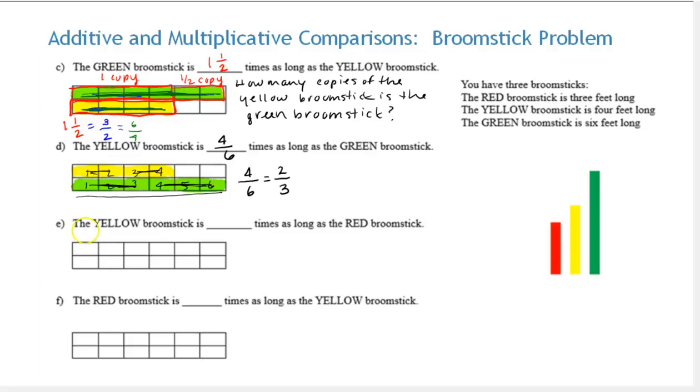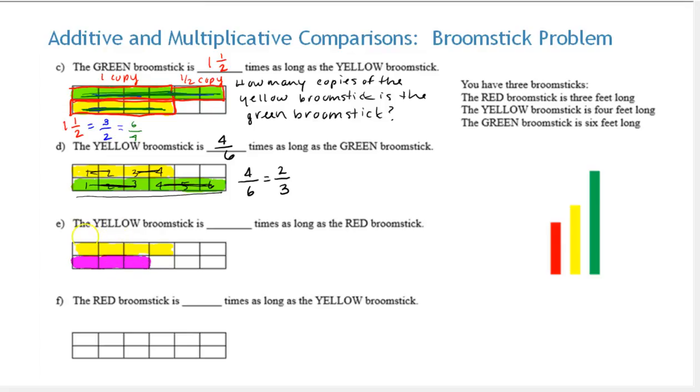Okay. Now let's compare the yellow broomstick and the red broomstick. Okay, so I'm going to put the yellow first. The yellow is 4 feet. And the red broomstick, okay, I don't have a red highlighter, so we'll use pink. The red broomstick is 3 feet. Okay.